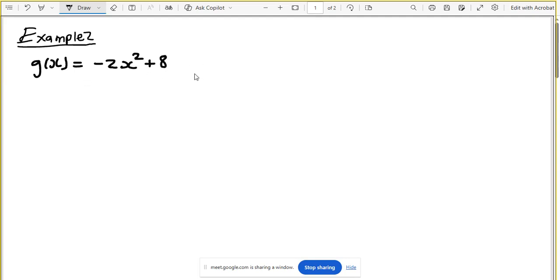Let's draw the sketch. So to draw the sketch, you still remember the steps that we need to take. Number one, you need to find your TP, your turning point, which is in the form of (0, q). Tell me, what is the value of q in this case? 8. Exactly. So the coordinates will be (0, 8). So this is our turning point.